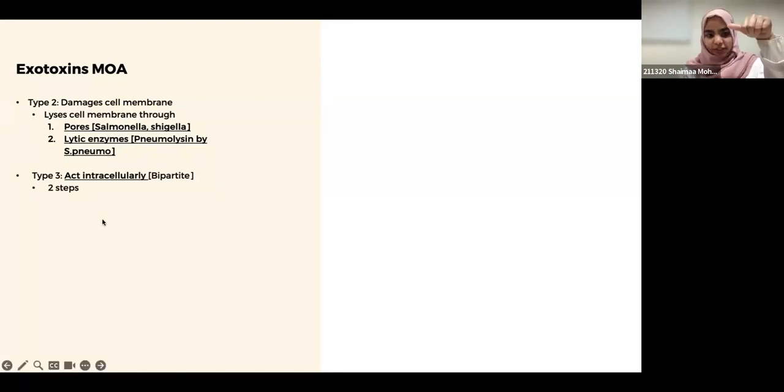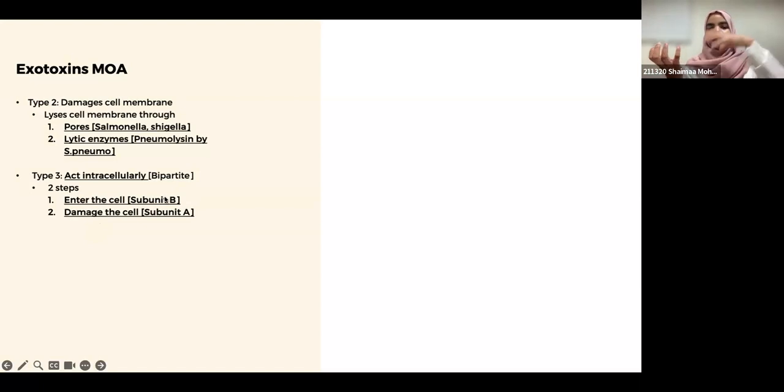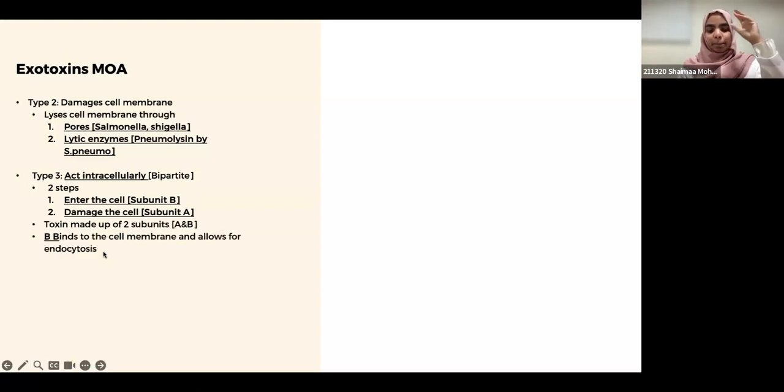First, you need to enter the cell, and then you need to damage the cell. As you can see, it's bipartite. It has two parts, two subunits, an A subunit and a B subunit. The B subunit binds to the cell membrane and allows the cell to endocytose and take in the toxin.